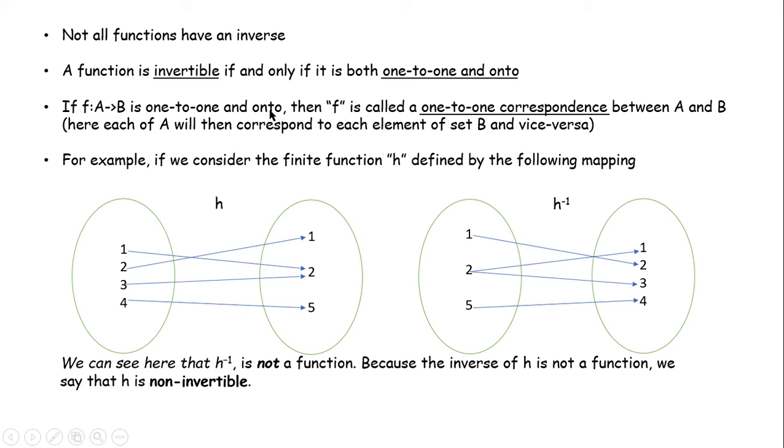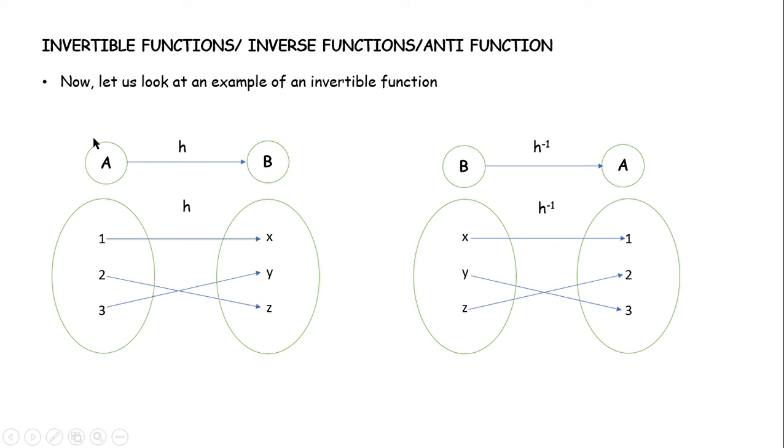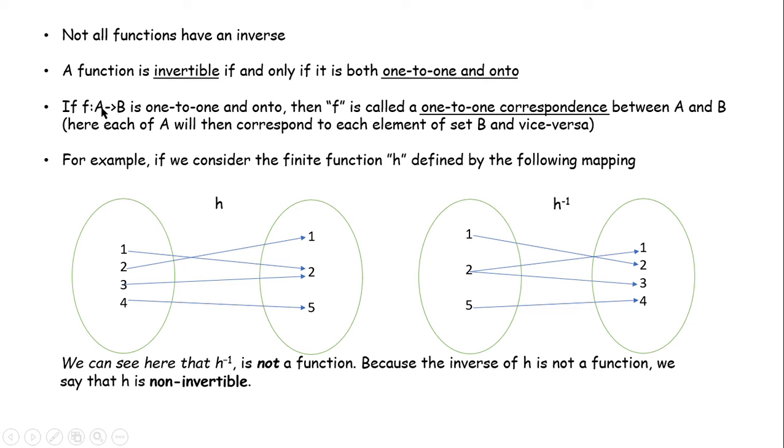And it should be onto also. That means none of the elements from set A must have the same image from set B. So this function should be both one-to-one and onto.